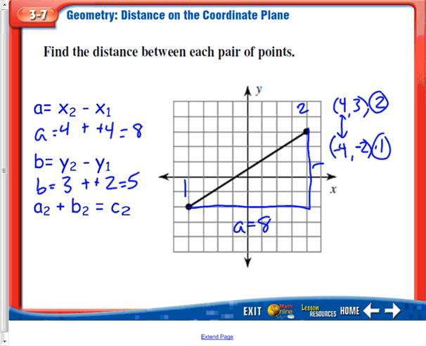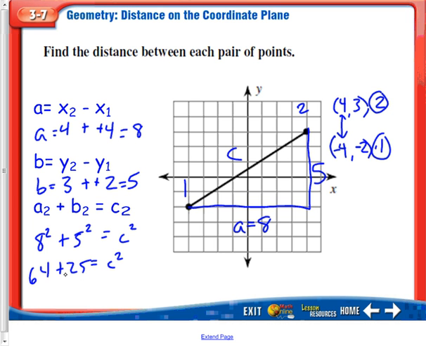So this distance here is 5, and I know that I can use the Pythagorean theorem to figure out c. So right now we'll say 8 squared plus 5 squared equals c squared. And so then we say 64 plus 25 equals c squared.